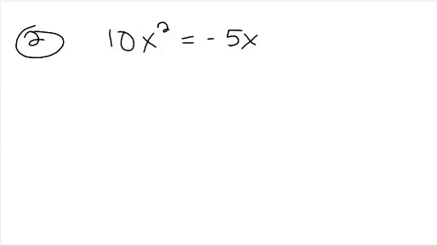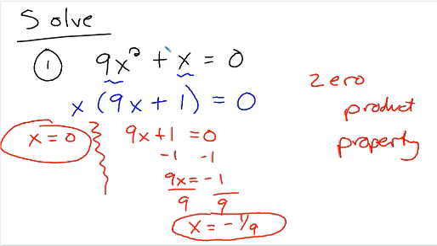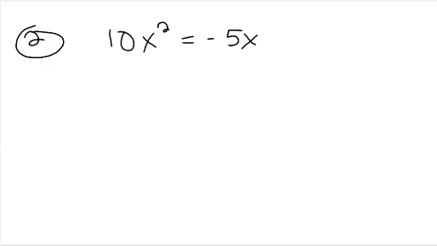Let's say that we had 10x squared equals negative 5x. Well, this one's a little bit different because it's not set equal to 0. We want it to be set equal to 0, so I can use the zero product property. So I need to add 5x first to both sides. That way this side is equal to 0.